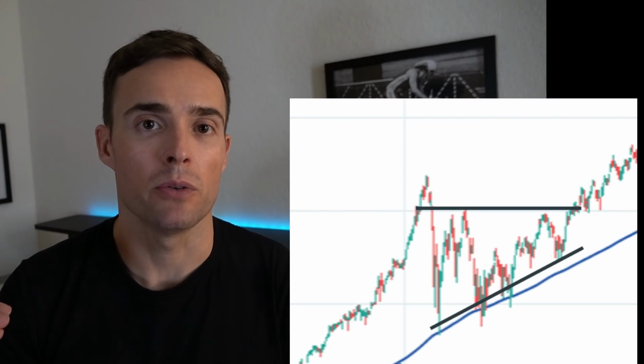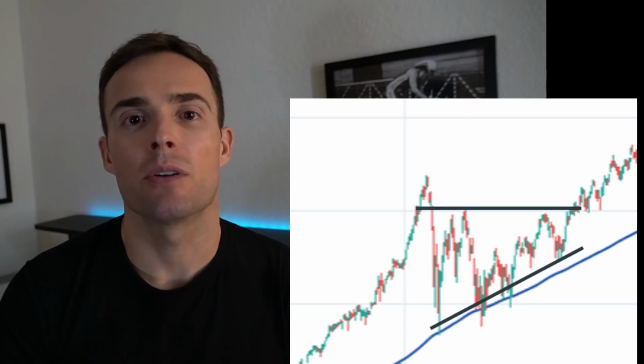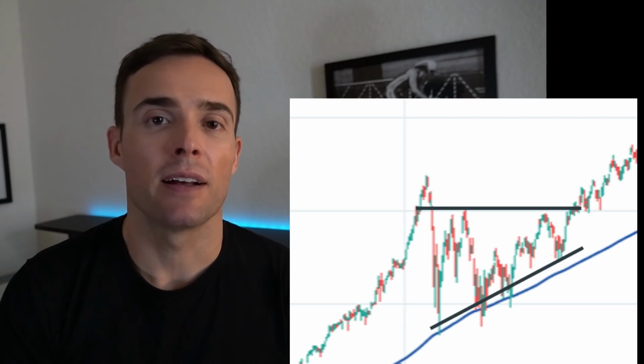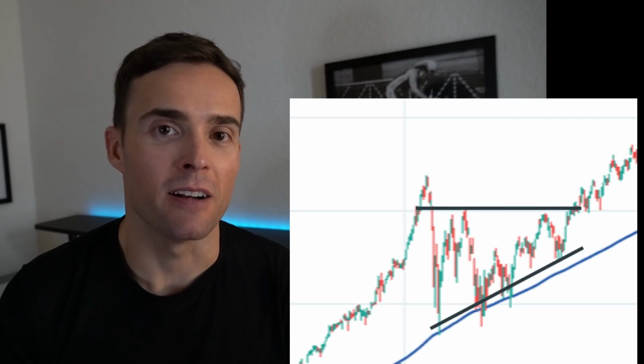There is usually lower relative volume and the price volatility is decreasing as the price trades into a tighter range. You want the chart to look like an ascending triangle with higher highs and lower lows. Then you know there is a greater probability that the stock is ready to break up higher.